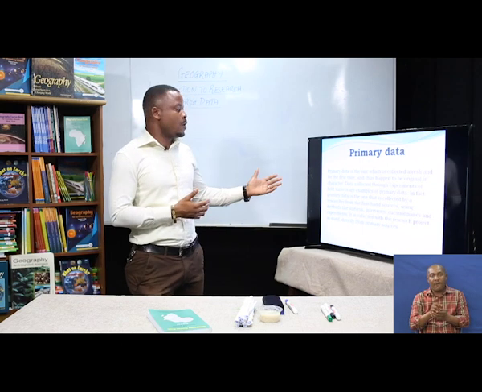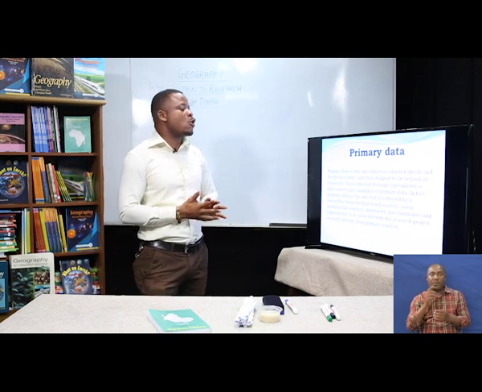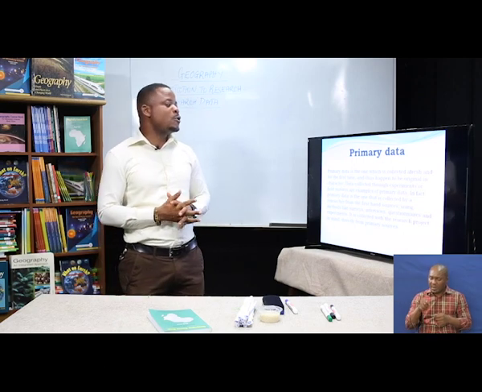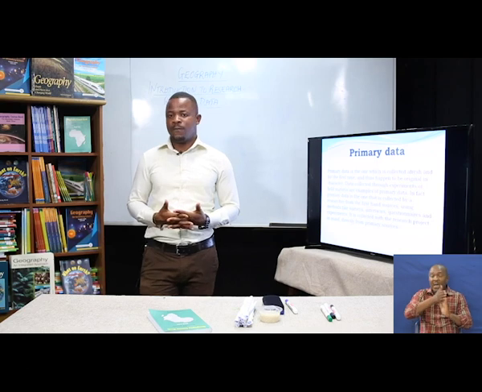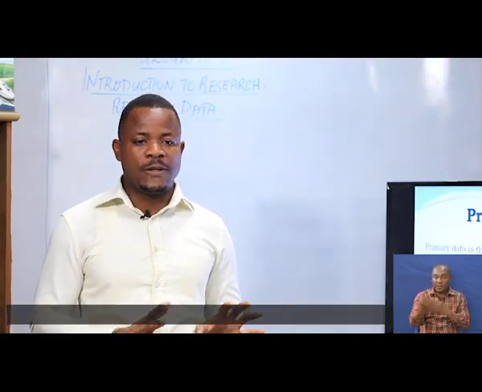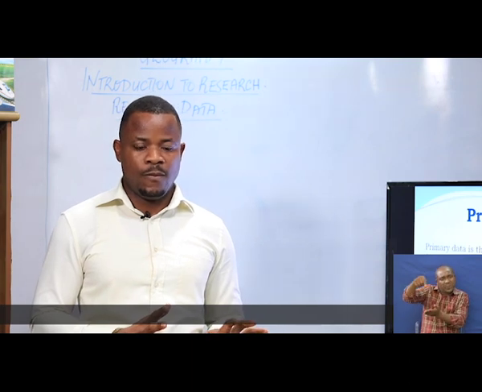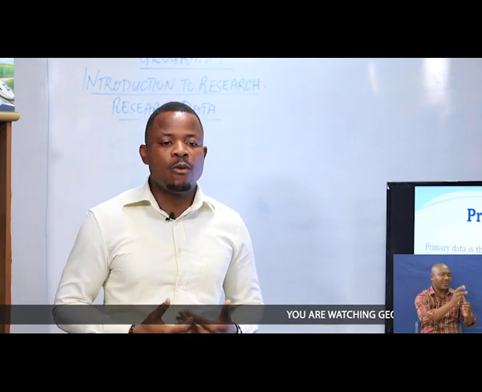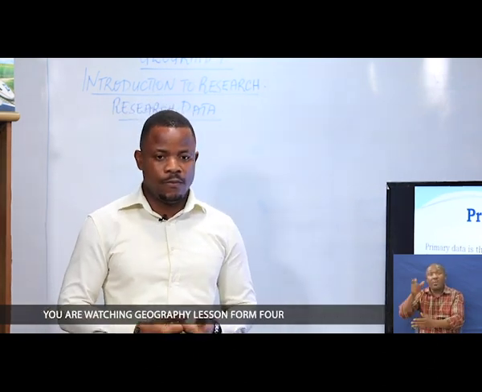In other words, it is collected afresh and for the first time, and thus happens to be original in character. It is collected from the primary source. It is not from other sources like books. It is collected from primary sources, or afresh from the respondents.